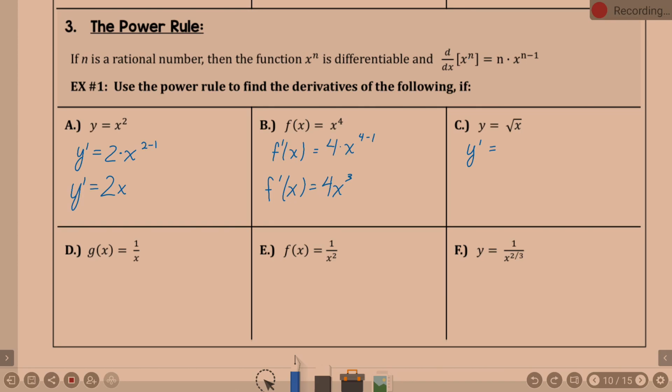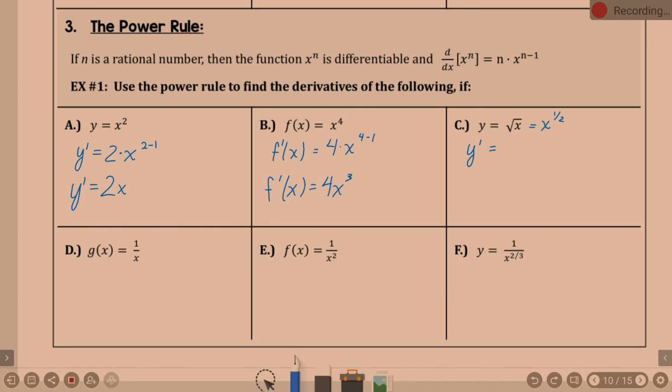Square root of x. Do we have a rule for the square root? No. You change it to a power. And so realizing that square root of x is the same thing as saying x to the 1/2. There are lots of things in calculus that to take the derivatives, you have to change them to power form, exponent form. So, okay, so you guys were following.